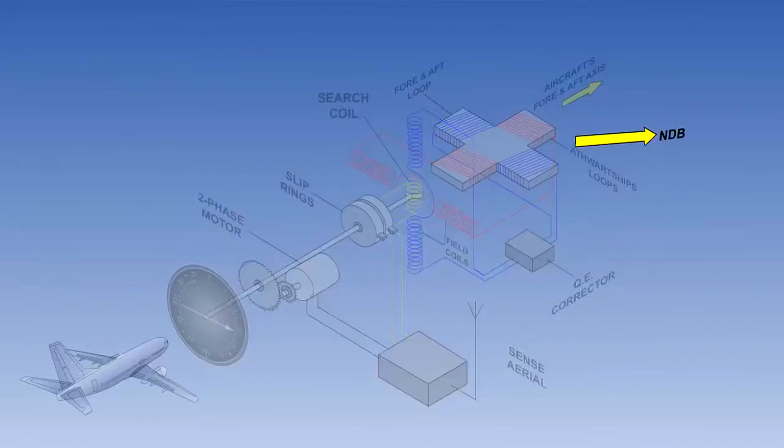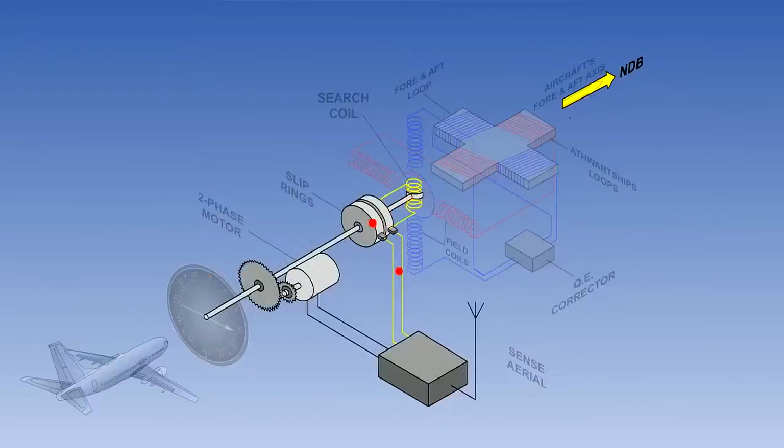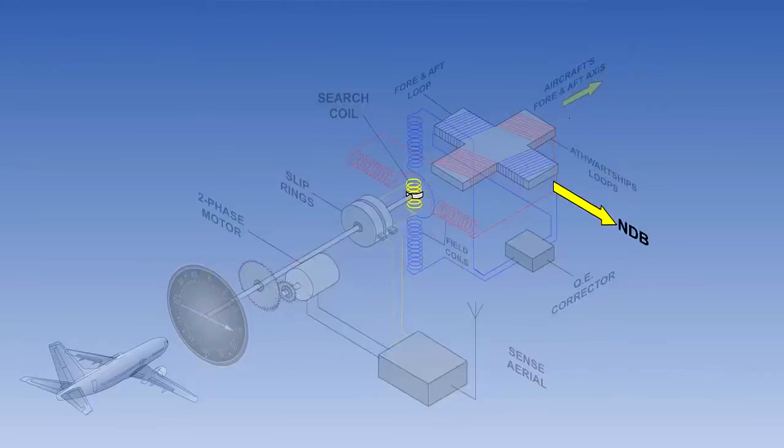If the search coil is not exactly in the null position, because the aircraft is changing its angle to the NDB, a voltage will be generated in the search coil, which is applied to a motor, which rotates the search coil until it is in the null position.